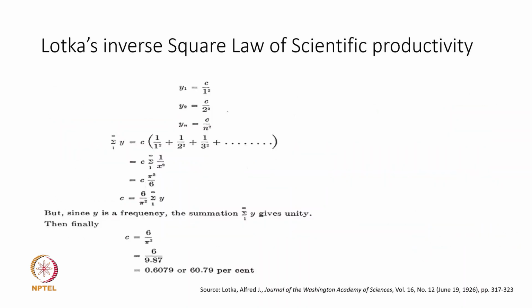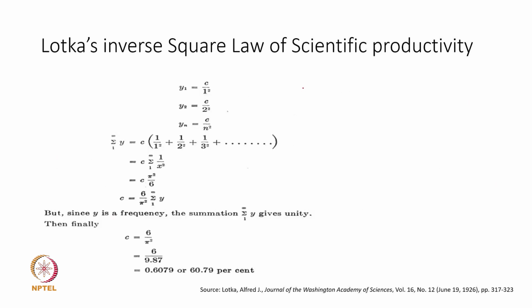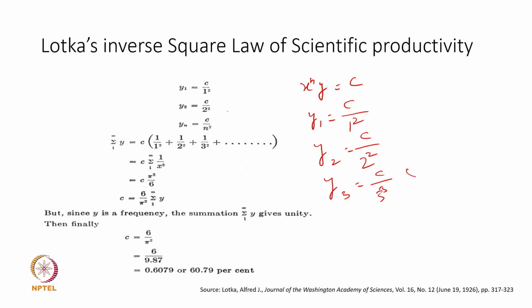We have already seen that x^n y = c. If you take this one as y1, then y1 is equal to c by 1 squared. Similarly, y2 is equal to c by 2 squared, y3 is equal to c by 3 squared, and so on.